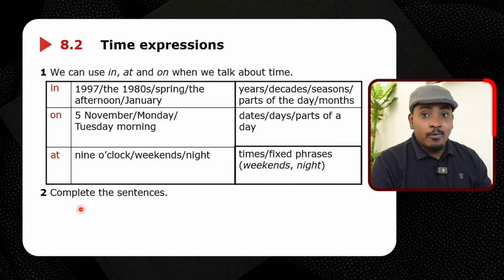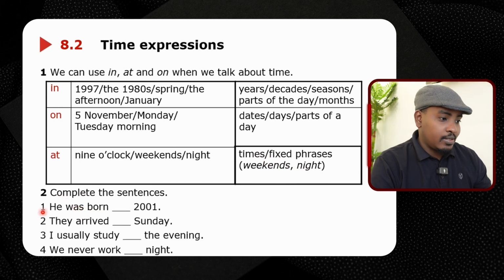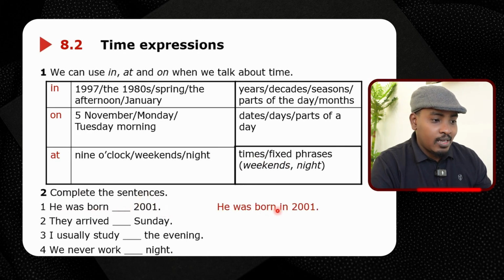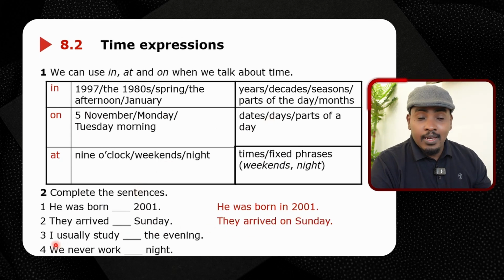Okay. Now let's complete the sentences. He was born 2001. So in, right? He was born in 2001. They arrived Sunday. So we put what? On days. On Sunday. Okay, number 3. I usually study the evening.